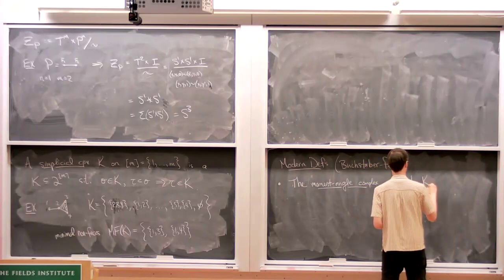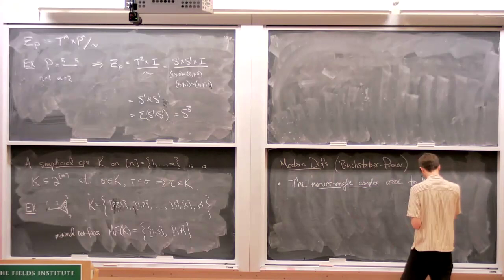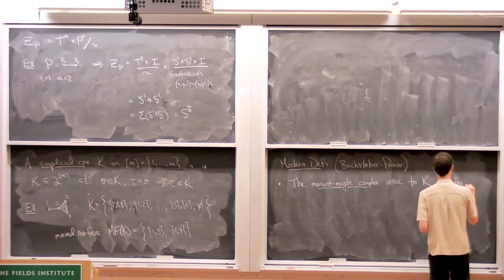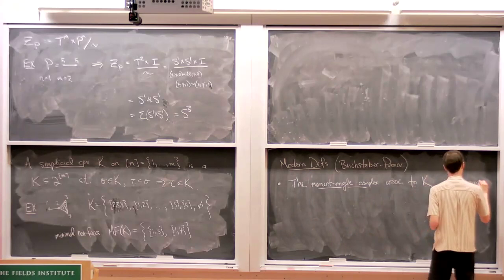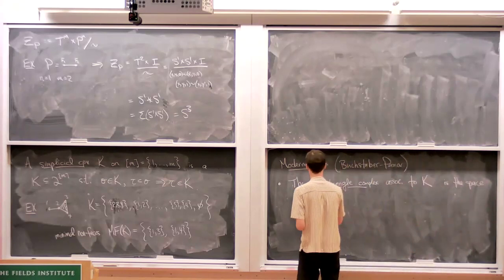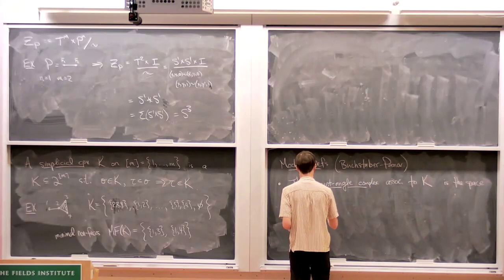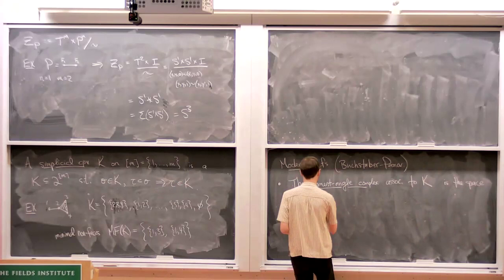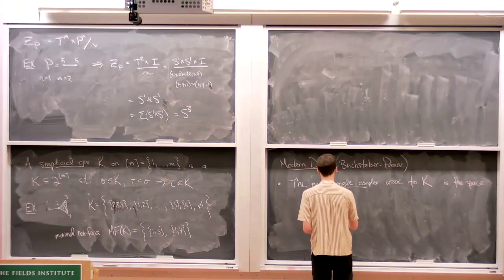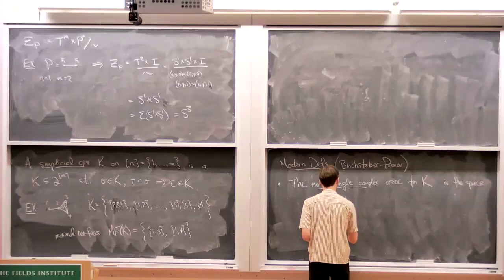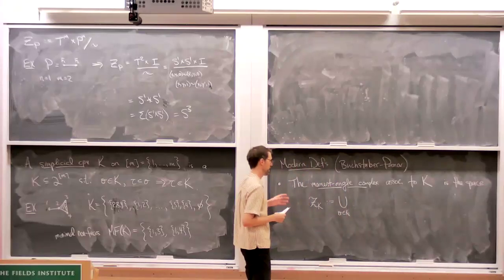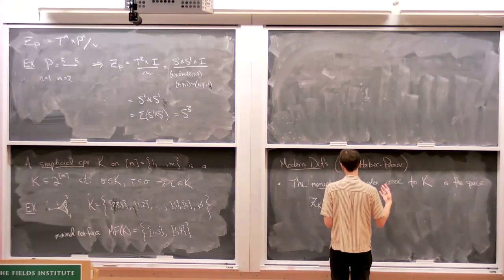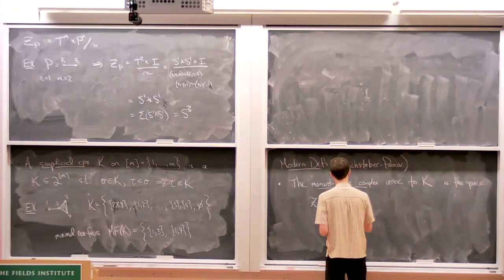Associated to K is, maybe I should specify, it's thought of as a space. It's usually written with this script Z. So we're going to take the union over all faces of K of certain M-fold products of circles and disks.